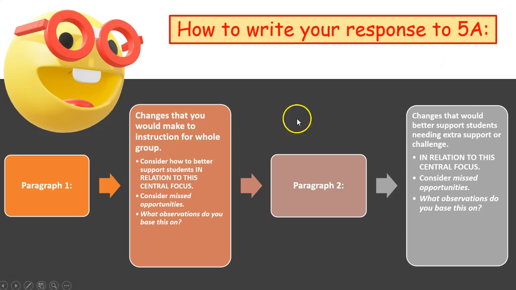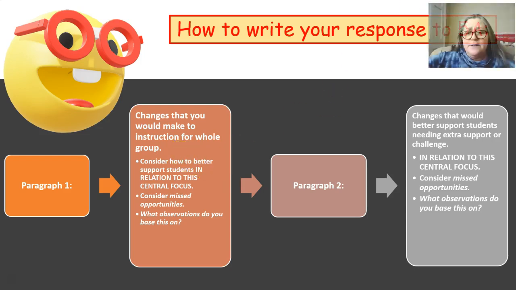Consider how to better support students in relation to the central focus, and consider missed opportunities. What observations do you base this on? So talk about the parts of the lesson that you could have approached in a better way. Talk about any opportunities that you missed. This is what would help the whole group.